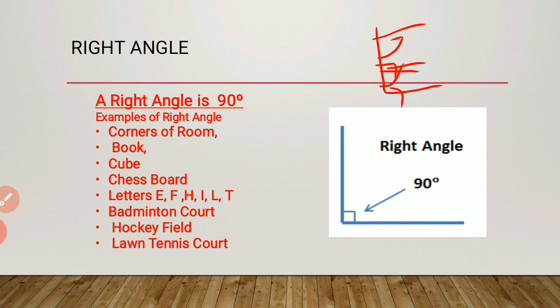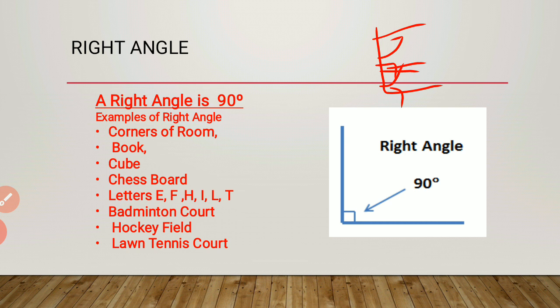Now, a badminton court also makes 90 degree angles, that means its corners make 90 degree angles. Then a hockey field also makes 90 degree angles. Lawn tennis courts also make 90 degree angles.